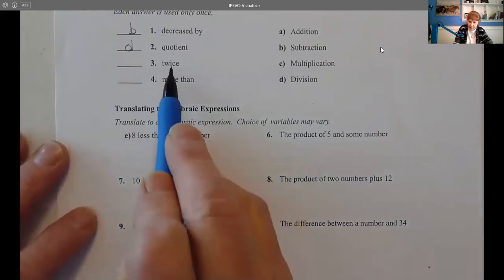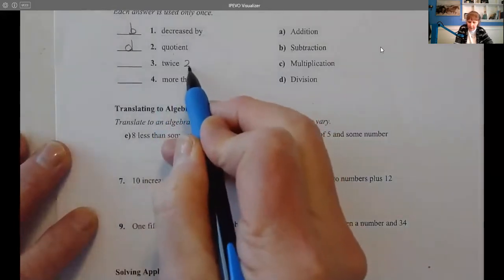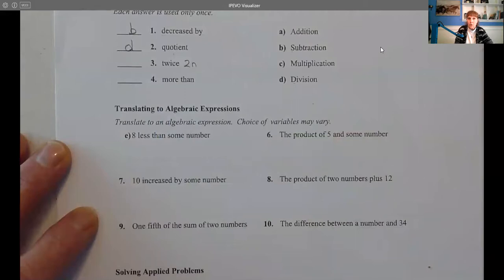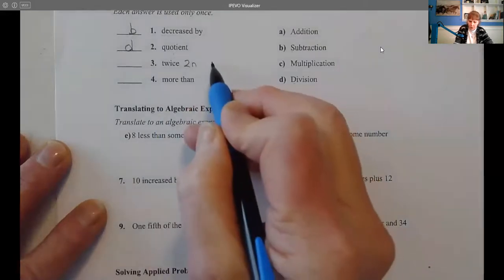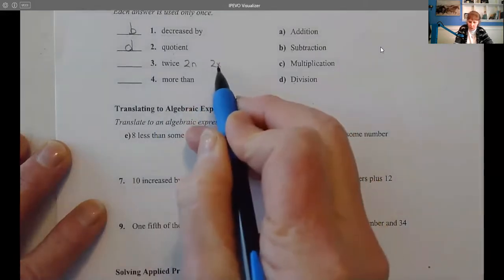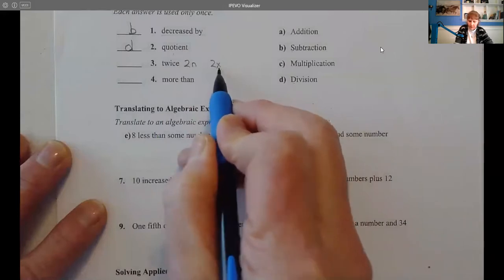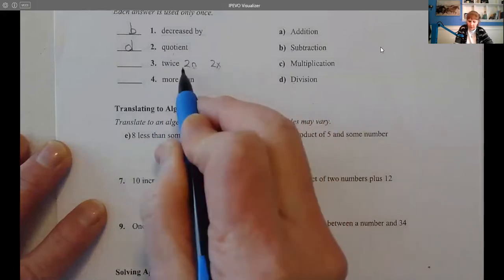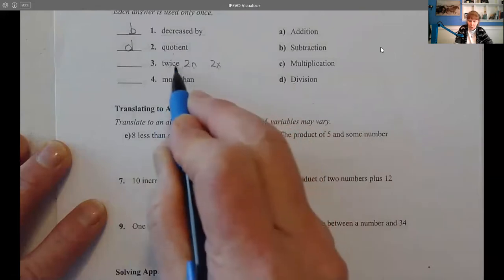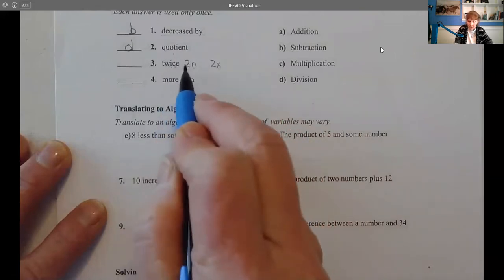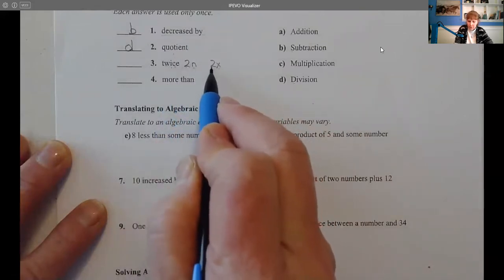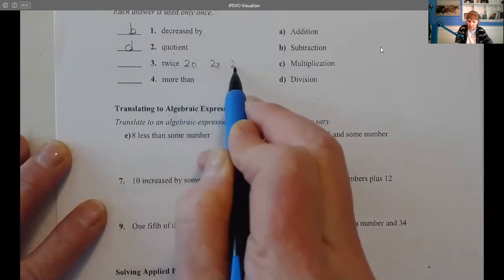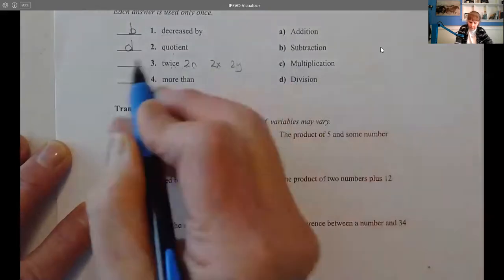Twice the number n would be 2n. Twice x. All of these mean twice the number, whatever the variable happens to be. So twice means a multiplication of 2: 2x, 2n, 2y, whatever. So it's C.